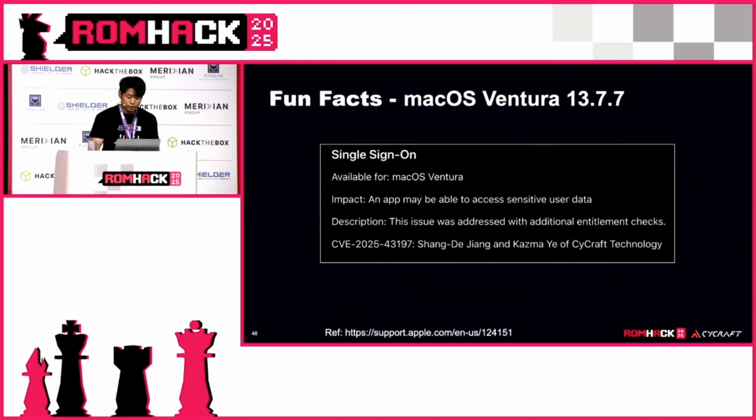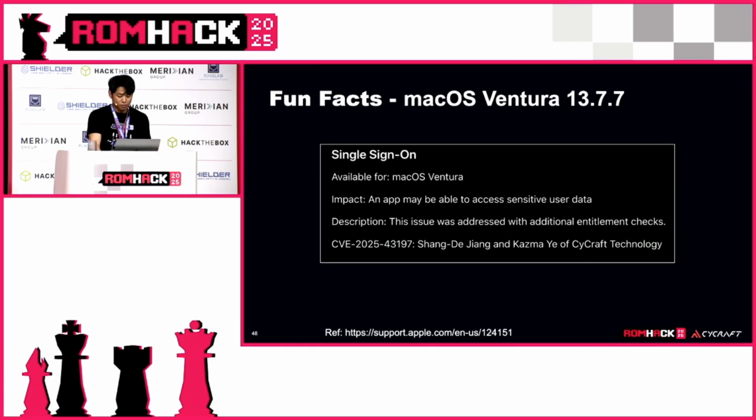In addition, although most of our discoveries highlighted weaknesses in Microsoft's macOS implementation, Apple reached out to us before our Troopers talk in June. They proactively addressed some of the issues, and in macOS Ventura 13.7.7, you can even see a CVE related to this research published. Some of you might wonder why Apple had to patch anything if the issues were in Microsoft's implementation.